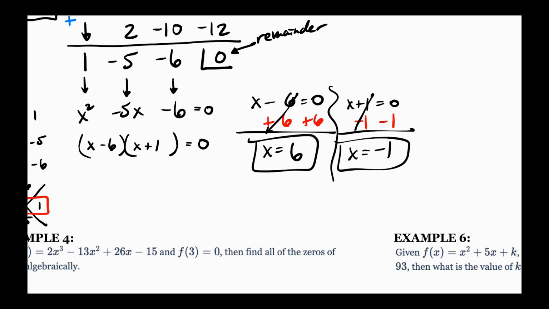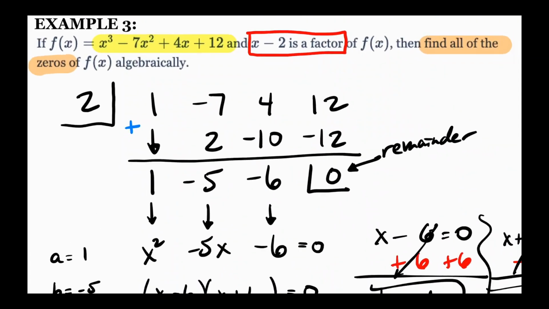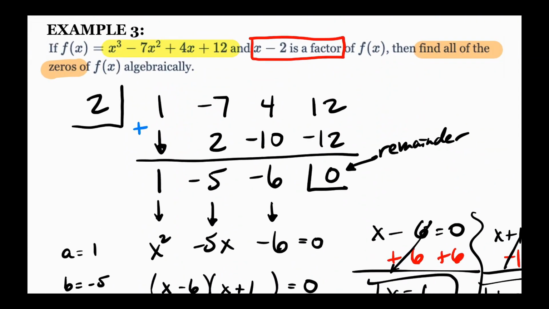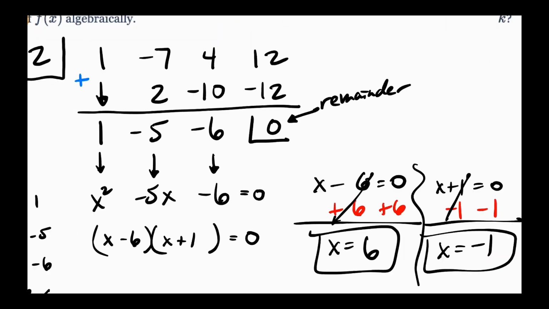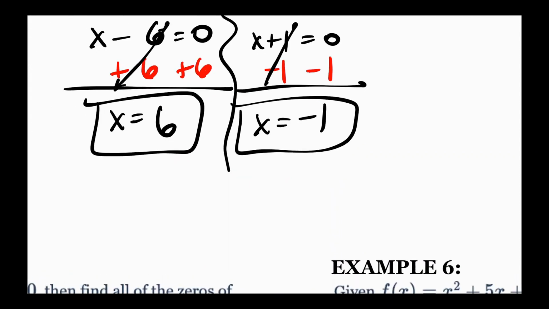Where's the other answer? No, he said zero earlier. I have two answers, 6 and -1. But I need a third because there's supposed to be three answers to this one. Where's the other answer?